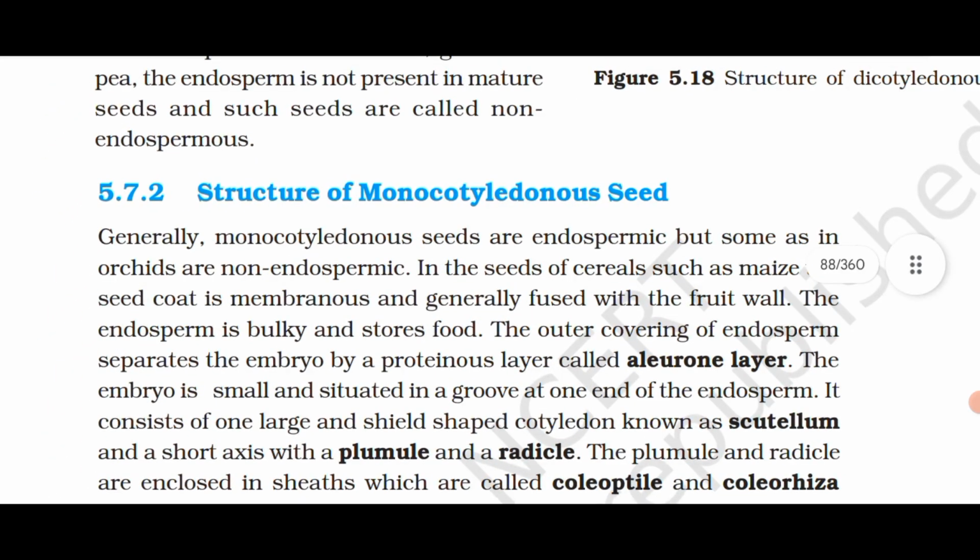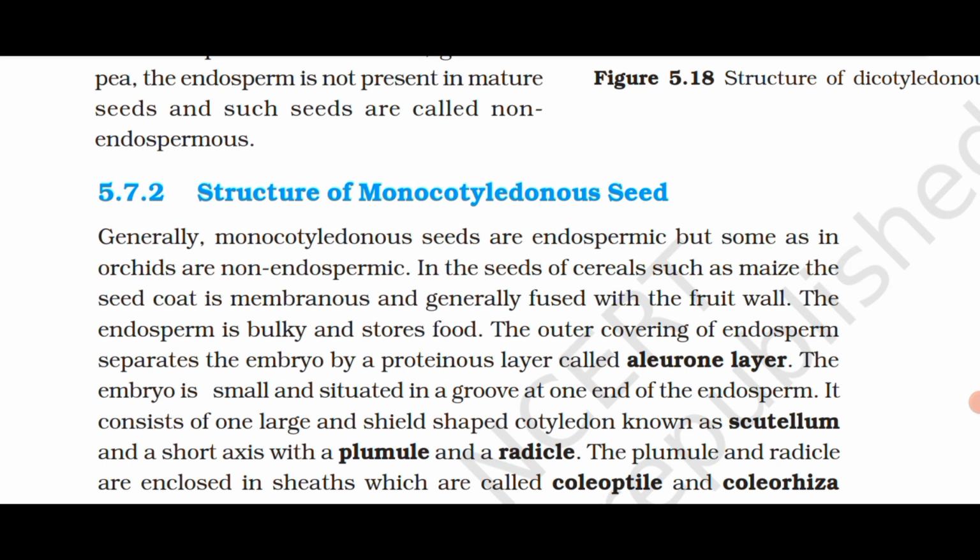5.7.2 Structure of monocotyledonous seed. Generally, monocotyledonous seeds are endospermic, but some, as in orchids, are non-endospermic. In the seeds of cereals such as maize, the seed coat is membranous and generally fused with the fruit wall.